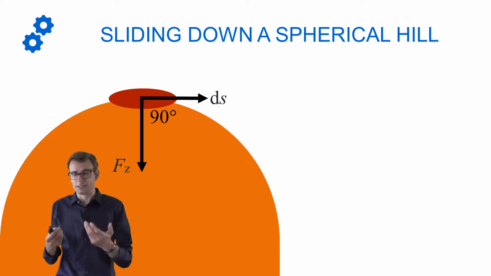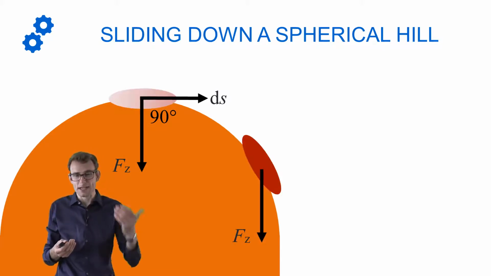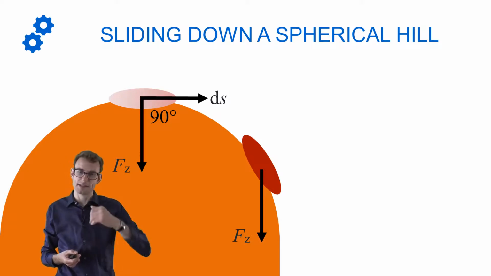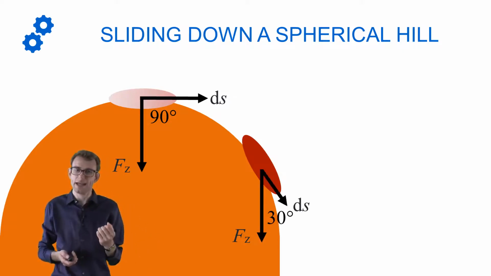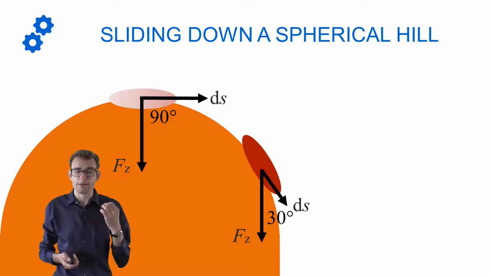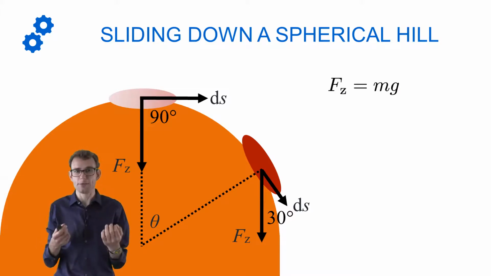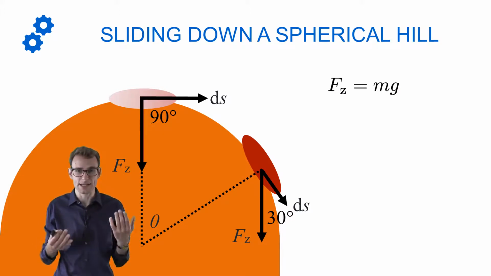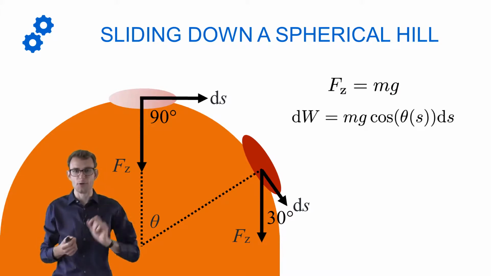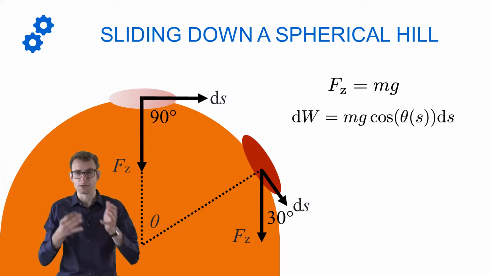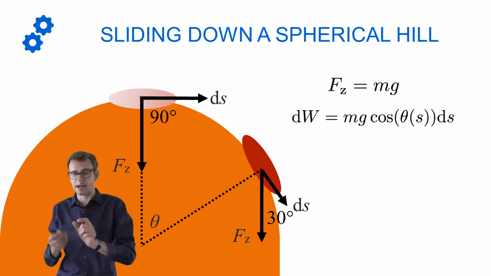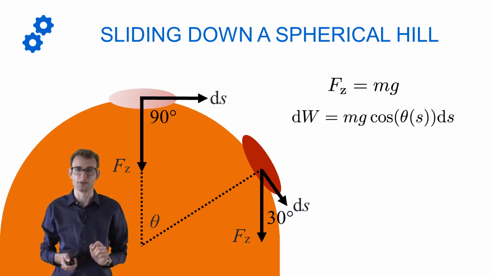However, once it started sliding, there is a component of the displacement that's along the force, or a component of the force that's along the displacement, same thing, and then we get work done. So if we want to calculate what this is, here we can use the same trick. The amount of work for a small displacement is the force of gravity, m times g, times the cosine of the angle, times the magnitude of this little displacement along the surface.